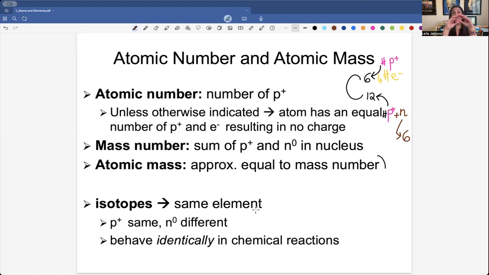Within that same element, we have what we call isotopes, which means that each carbon in that element has a slightly different physical property. I'm going to go back to using carbon.